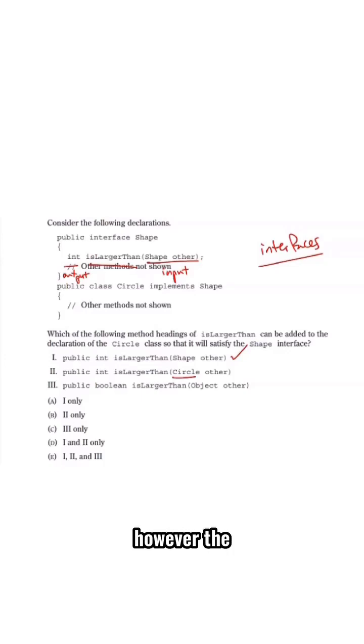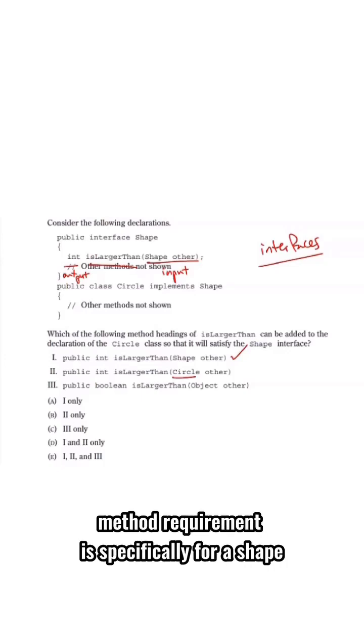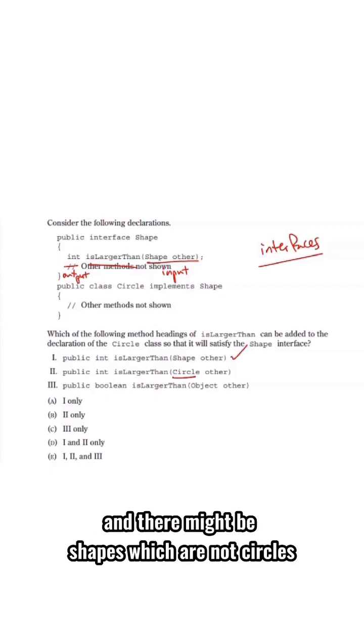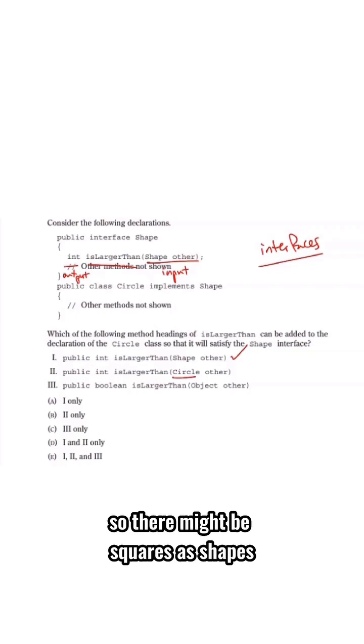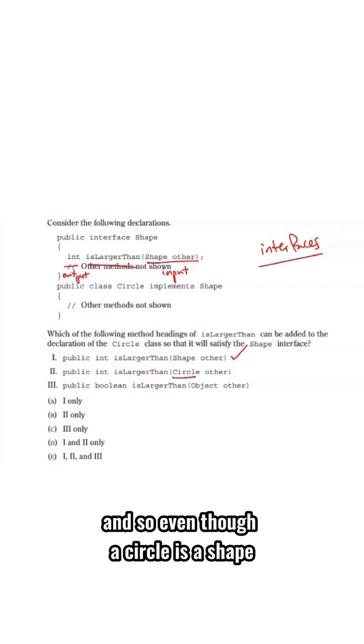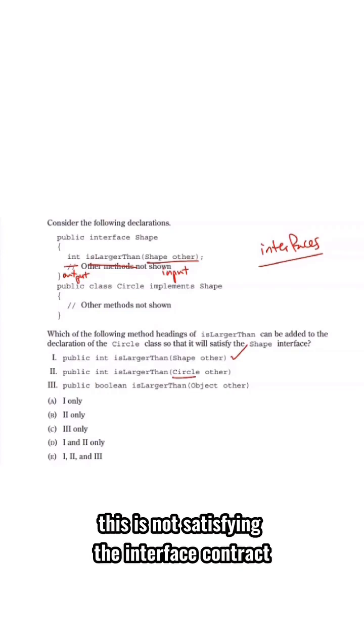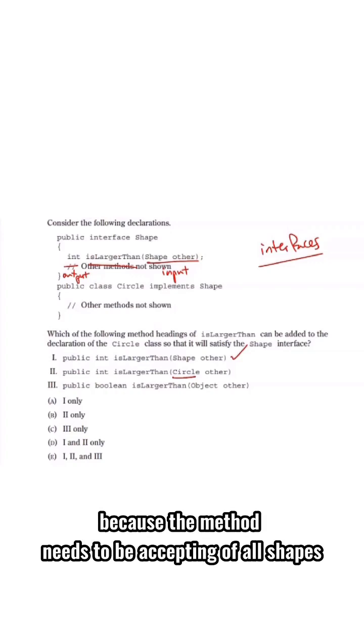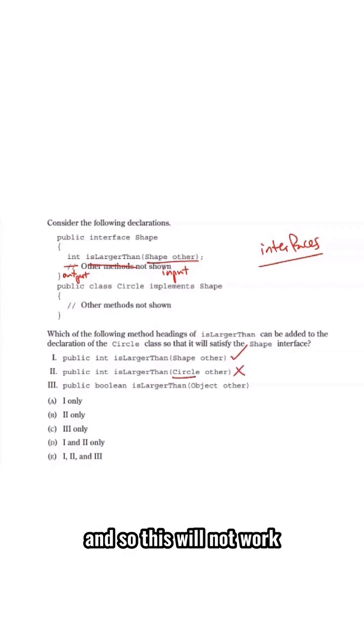However, the method requirement is specifically for a Shape, and there might be shapes which are not circles. So there might be squares as shapes or triangles as shapes. And so even though a Circle is a Shape, this is not satisfying the interface contract because the method needs to be accepting of all shapes. And so this will not work.